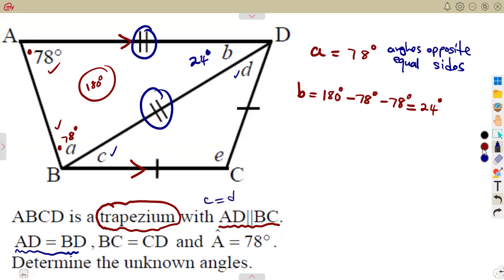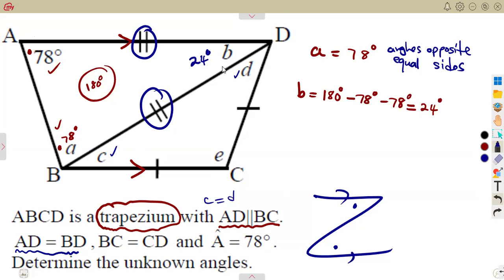Then what about angle C? Let's see the C here. These two sides are parallel. So we can use the concept there. We are forming a Z, alternate angles, where you form a Z. Remember your alternate angles. If these two lines are parallel, these two angles are equal, alternate angles.